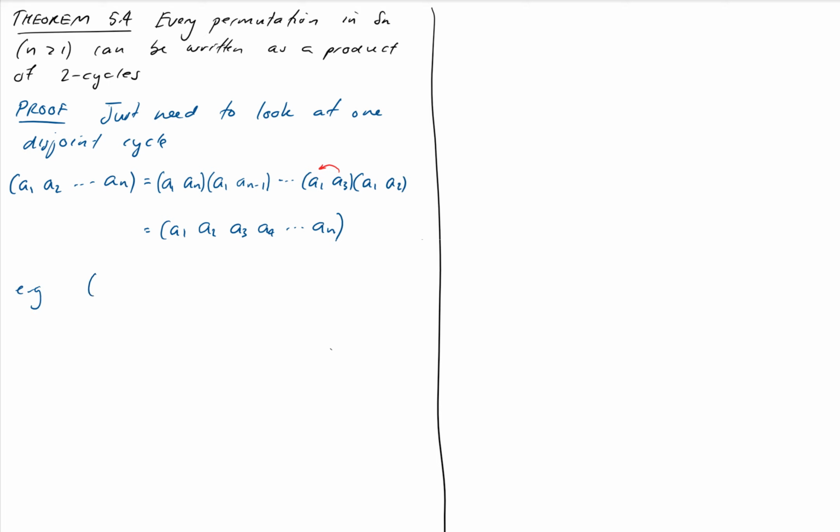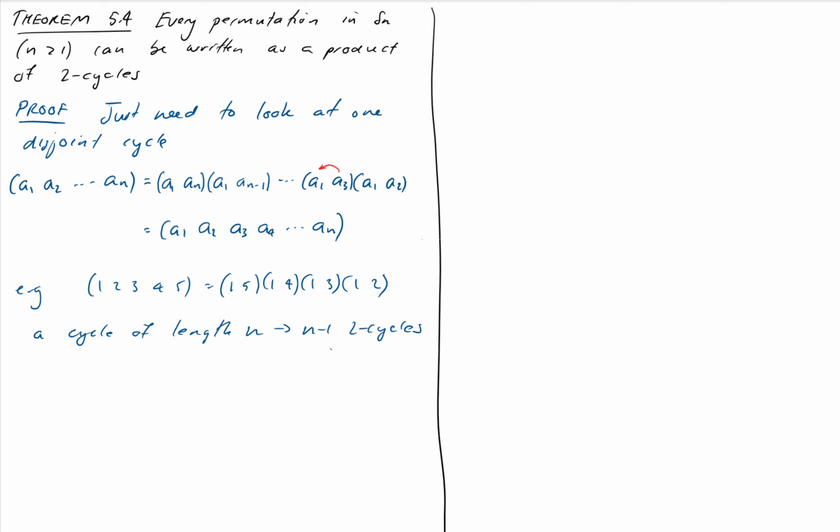By this method it gives us (1 5)(1 4)(1 3)(1 2). Notice a cycle of length 5 turns into 4 two cycles, and that's always going to be the way. A cycle of length n becomes n minus 1 two cycles.